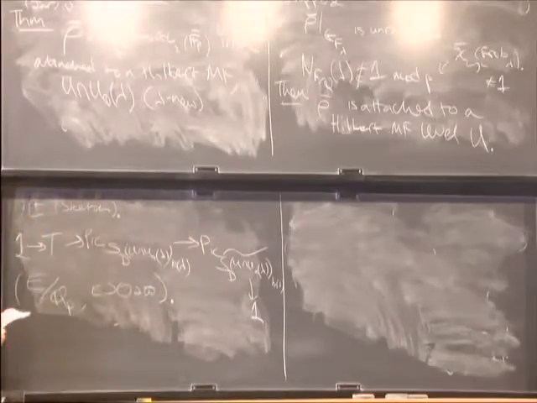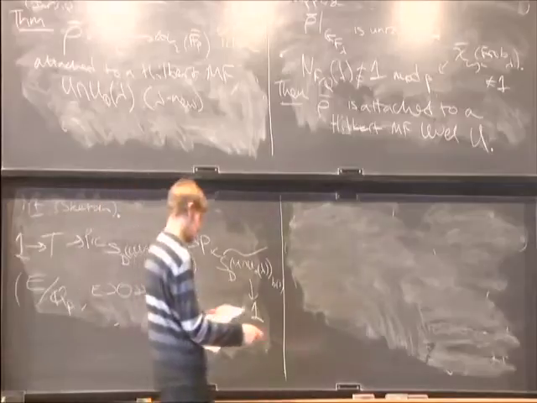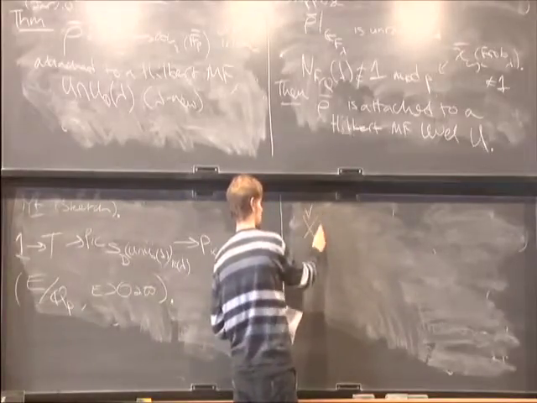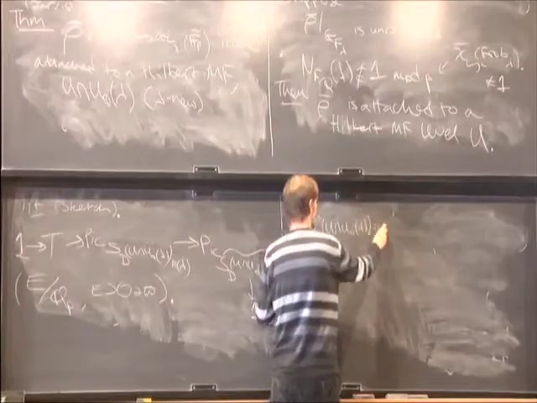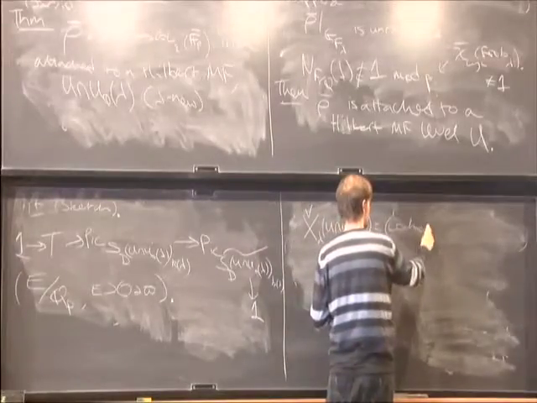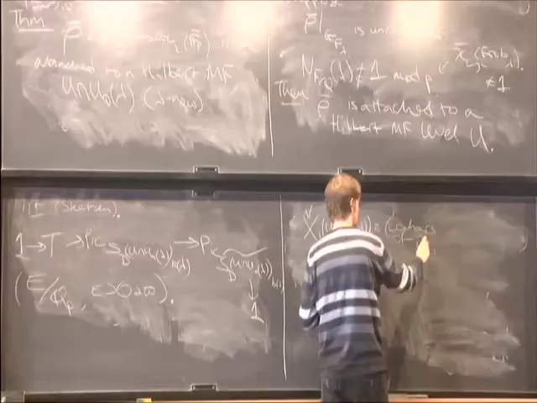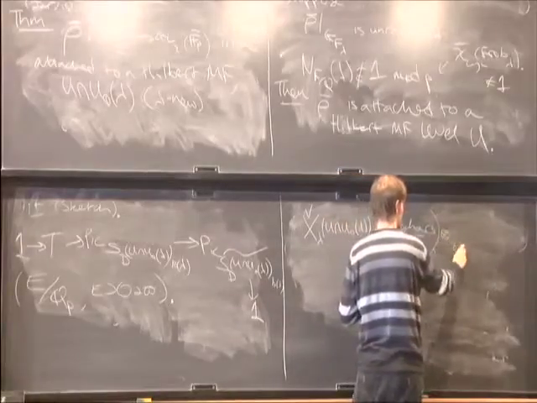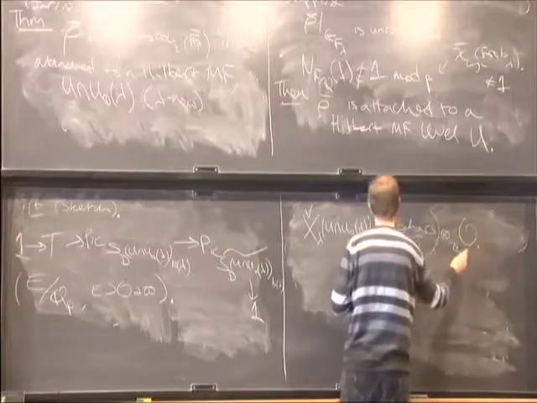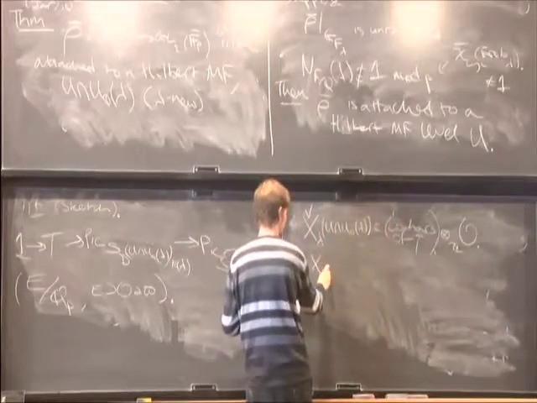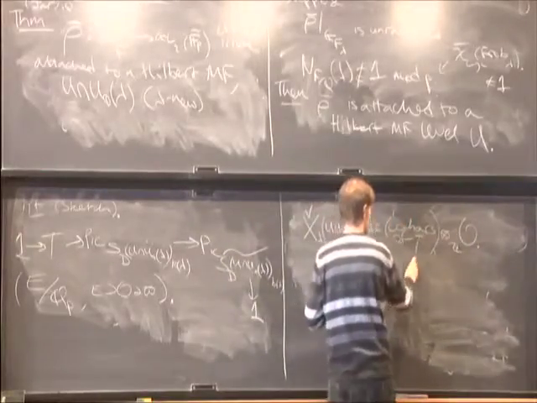So I'm going to define a cocharacter group X check at level U intersect U naught lambda. It's going to be the cocharacters of T, which is some abelian group. I'm going to tensor it up over Z with O. And similarly, X will be the characters of T.